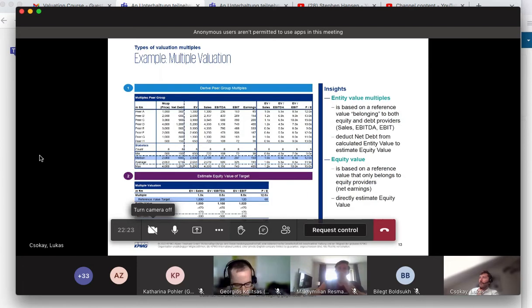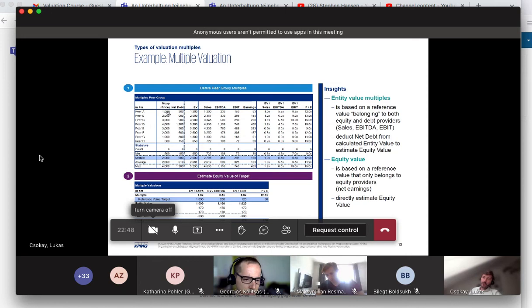We have here a little example of a typical multiples valuation. We have a peer group of, I think, 8 publicly listed companies. In the first step, we retrieve the market cap, which is just stock price times outstanding shares, from Capital IQ, for example.